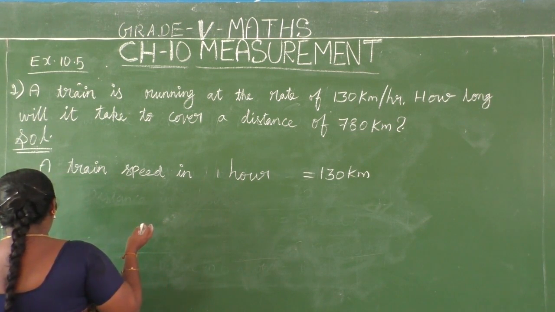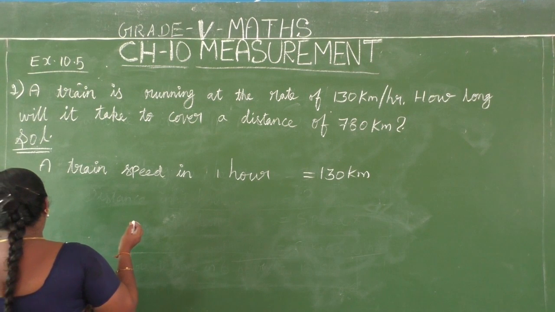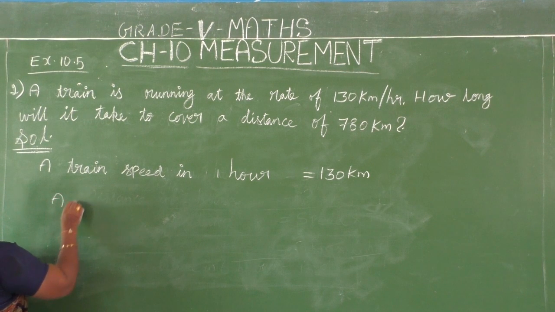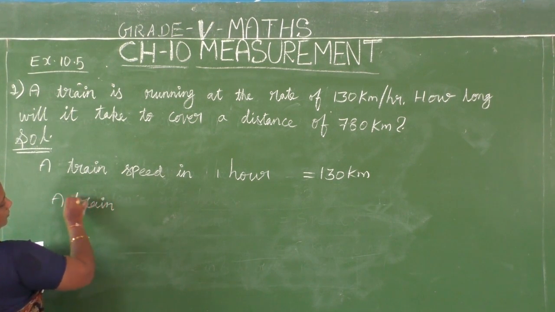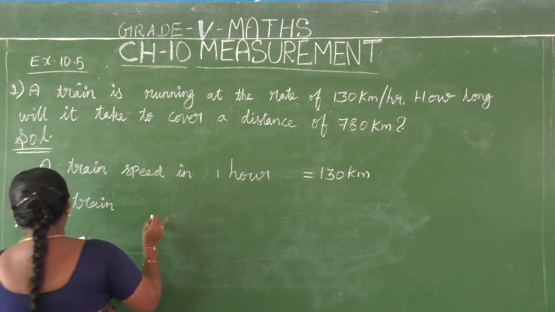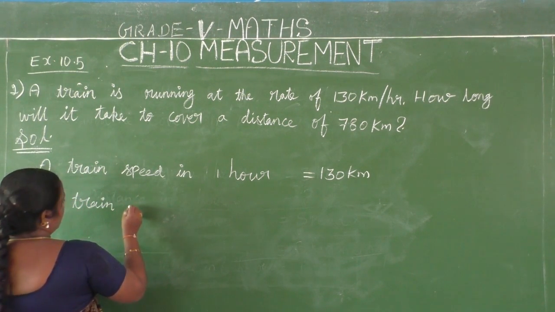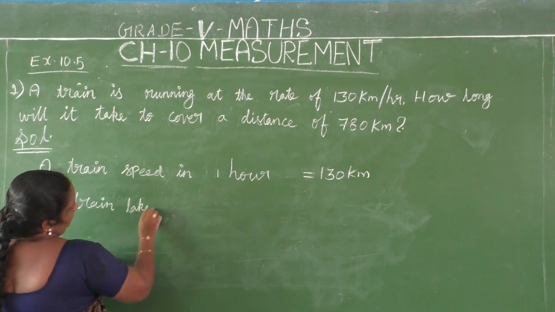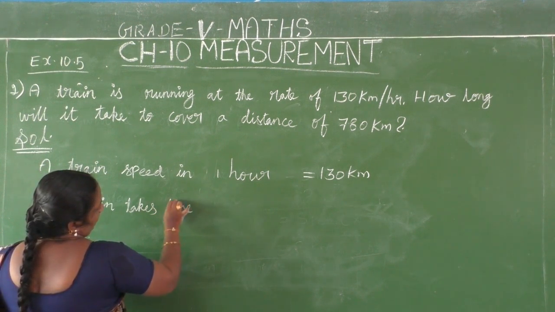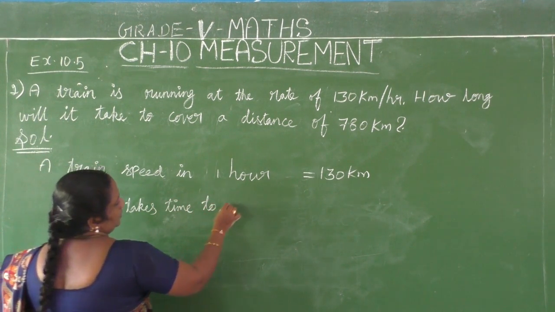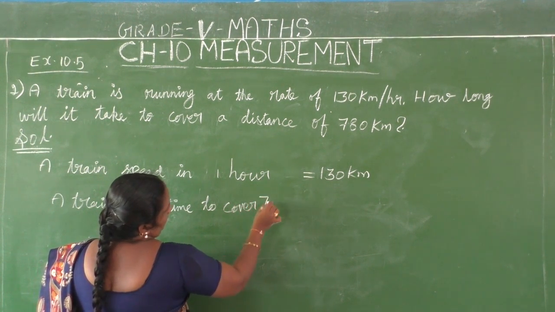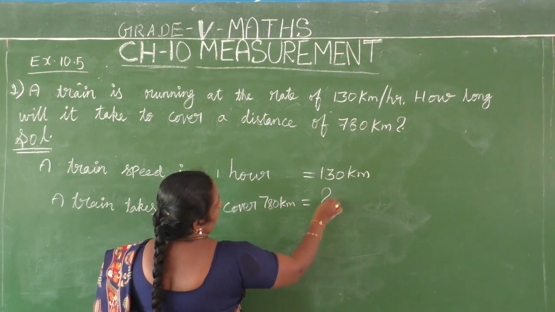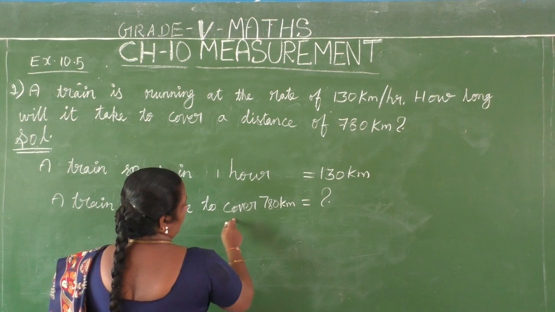We don't know. A train takes time to cover 780 kilometer. We don't know the time, so it's a question mark.